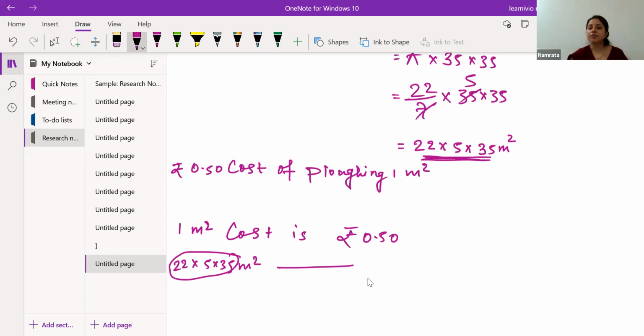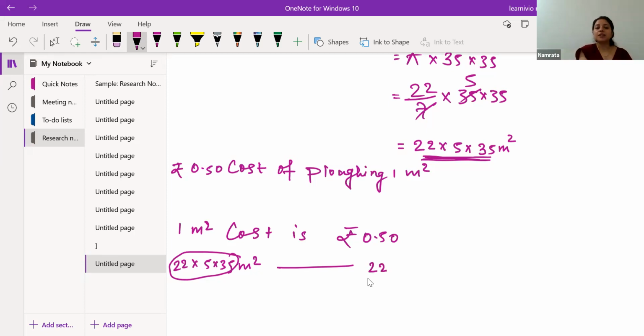If I want to buy 40 books, then 40 into 500, right? Yes. So here, if 1 meter square cost is 0.50, then we have to find the cost of this many meter squares, so we will multiply 0.50 with our meter square.